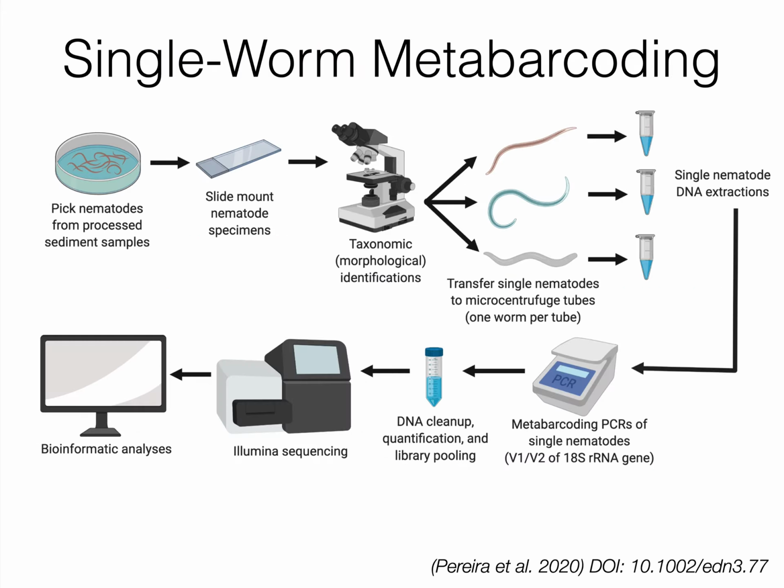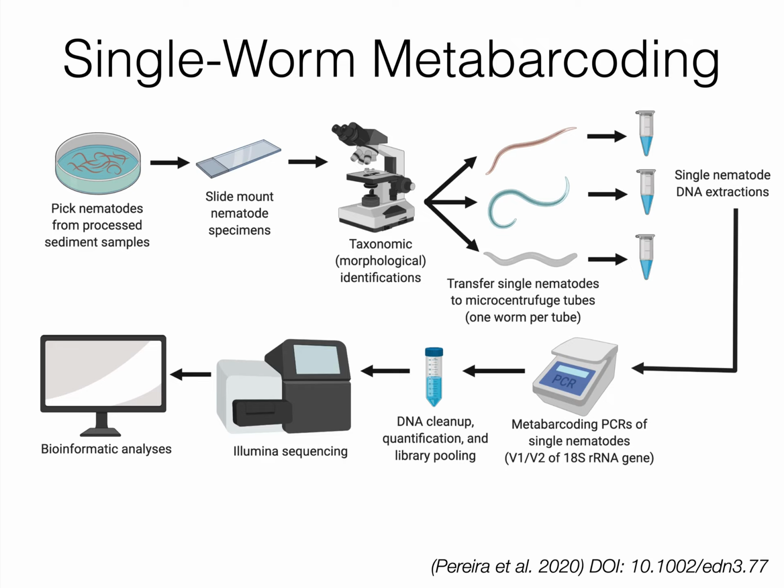And just to give you a general workflow on how we do this in the lab, there are microscopes involved. We are generally picking nematodes like we would if it was a taxonomic study, in a petri dish under a dissecting microscope. Then we mount them onto slides, identifying them under high power. After that, we can remove them from the slides and put them into tubes.